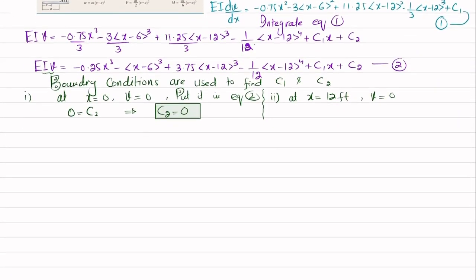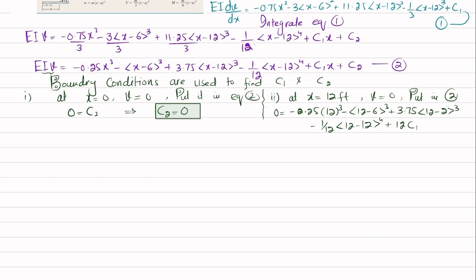Okay, so put in equation number 2. So we will get EI into V will be equal to 0 minus 0.25 times 12 cube minus 12 minus 6 cube plus 3.75 into 12 minus 12 cube minus 1 over 12 into 12 minus 12 power 4 plus 12 times C1 and C2 is equal to 0.